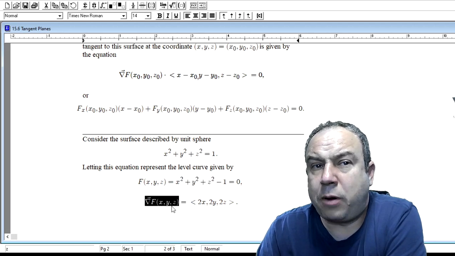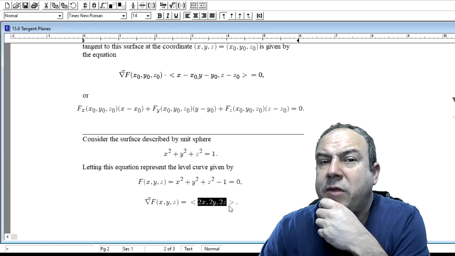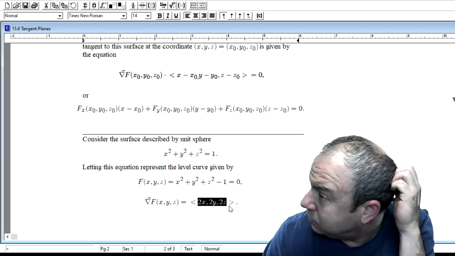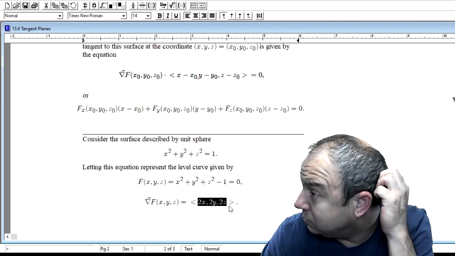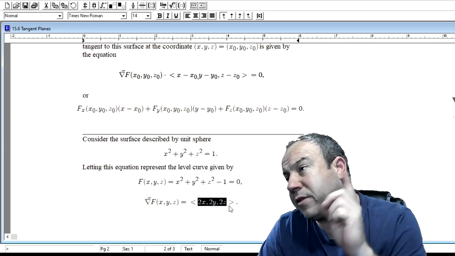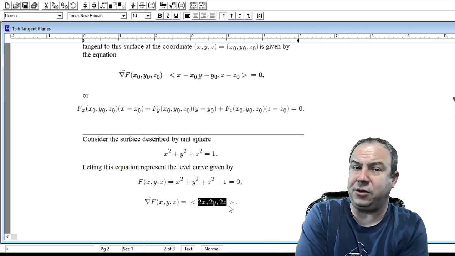We're taking its partials and forming the gradient vector. You will form the three-dimensional vector 2x, 2y, 2z in value. Right? This is going to describe the direction orthogonal to any point on our unit sphere.